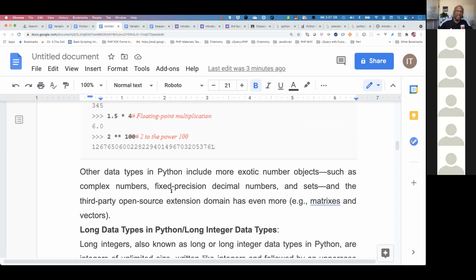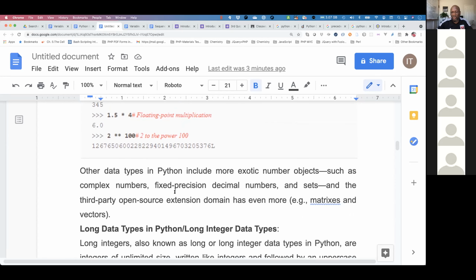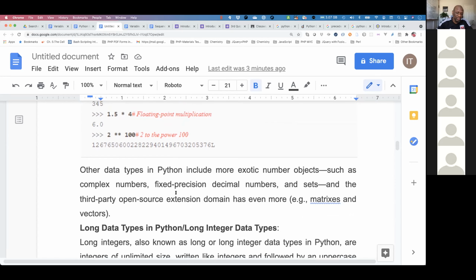Other data types in Python include more exotic number objects, such as complex numbers, which I told you about. As much as you don't want to worry about them, at one time you will, but for now don't worry about it. Those are for mathematics, science and engineering, when you go really deep into Python. We also have the fixed precision decimal numbers and sets, and the third-party open source extensions, with even more such as matrices, like NumPy.